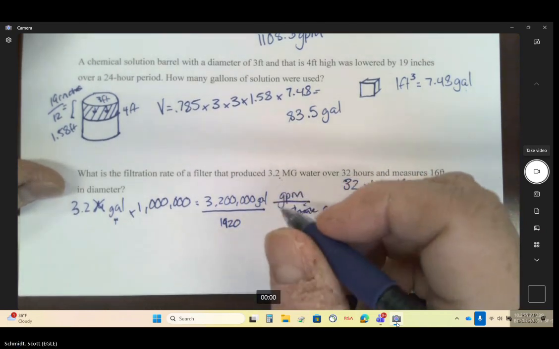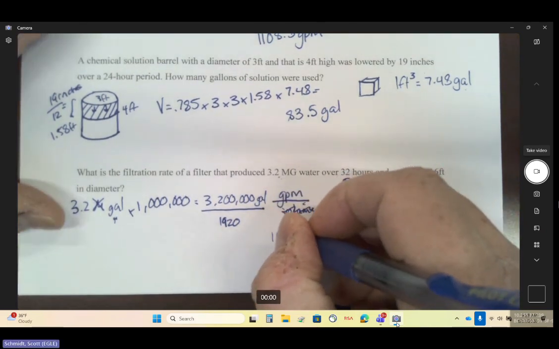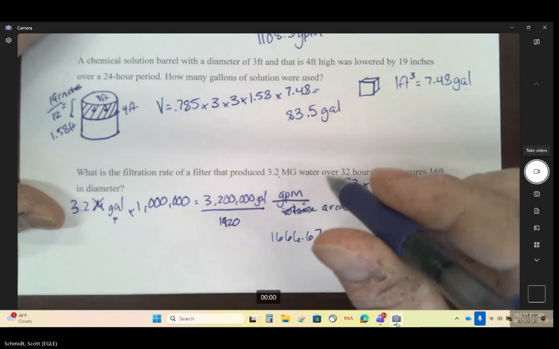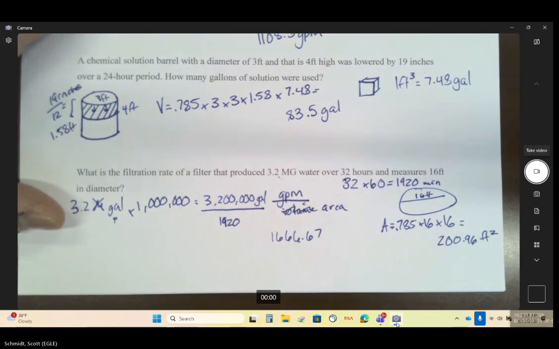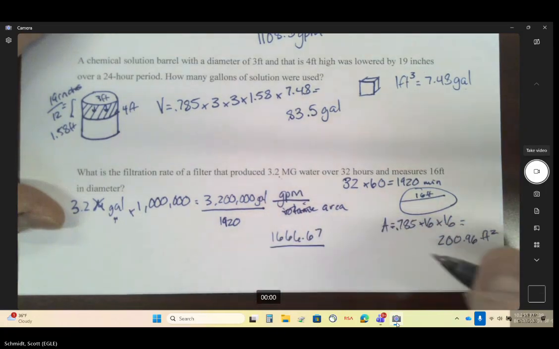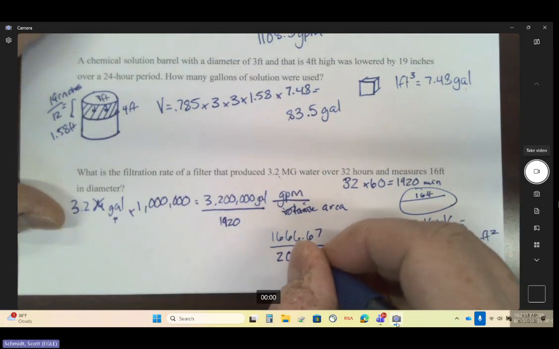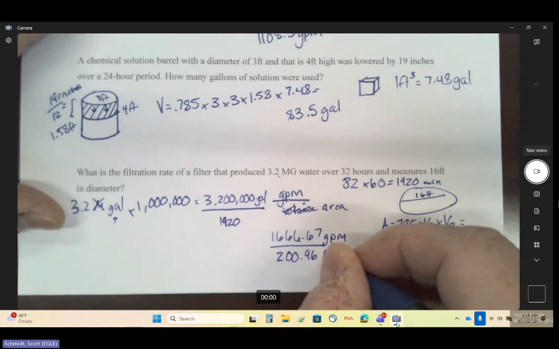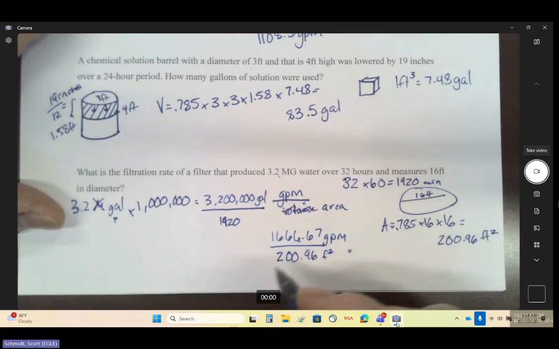So 1,666.67 over 200.96. So GPM over the area, which is square feet. And this will give me my answer.